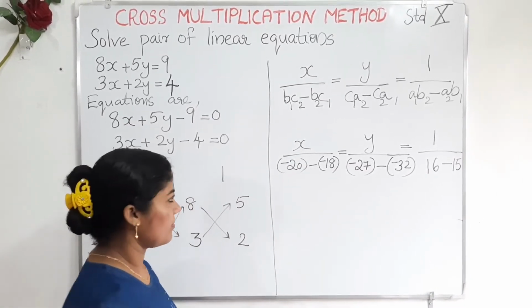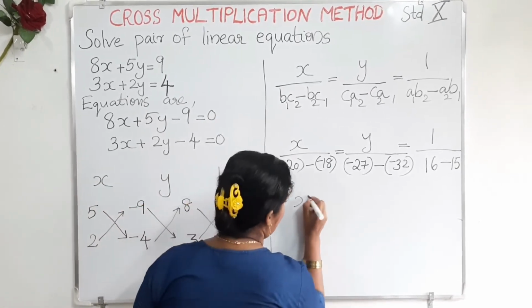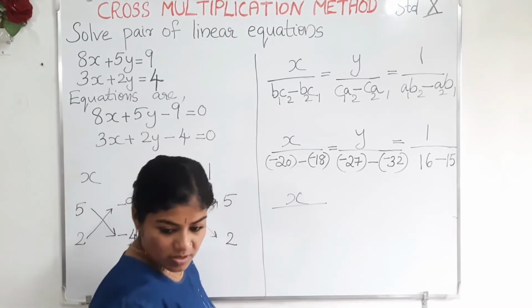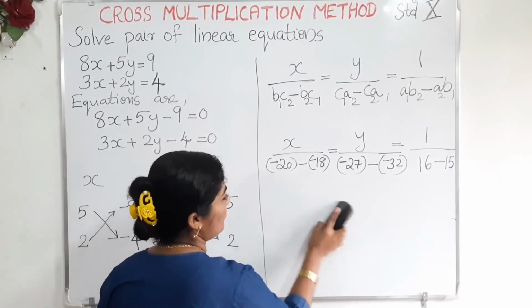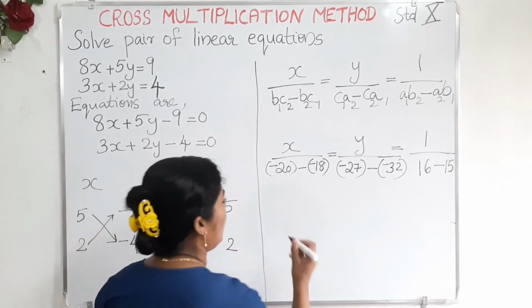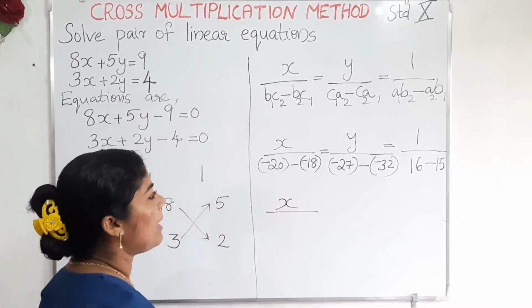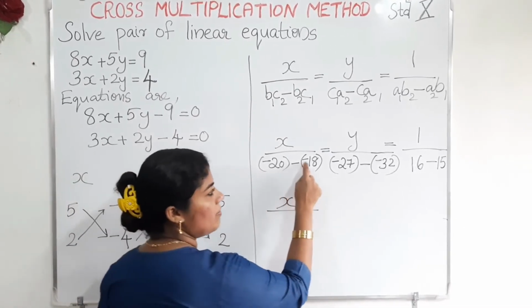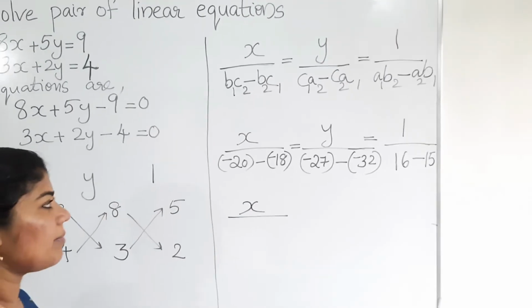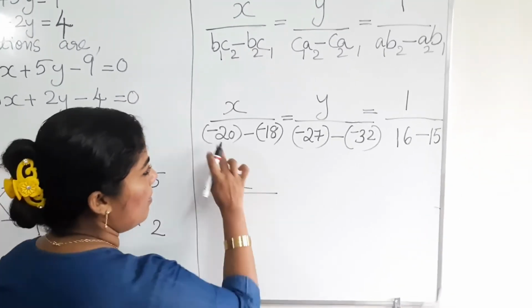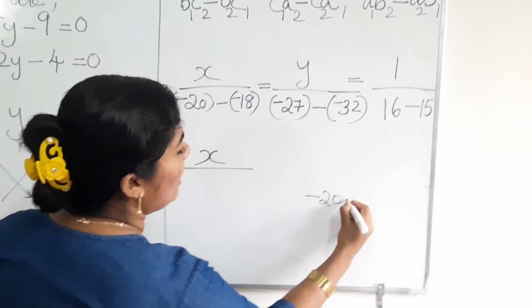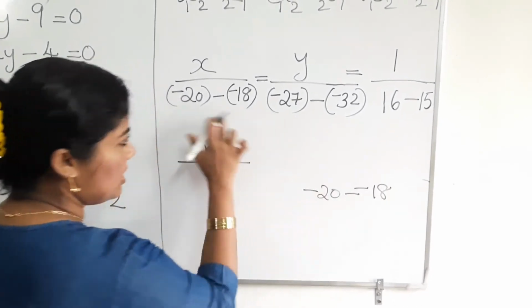We can write x divided by, here, minus 20 minus 18. So what will come? See here, minus 20 minus 18, this one.